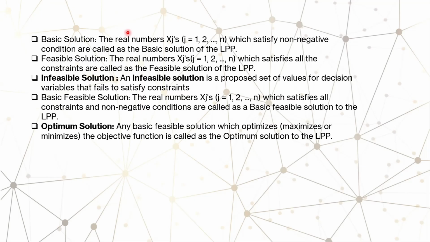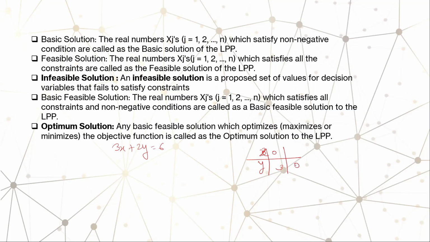Suppose you have the equation 3x plus 2y equals 6. This equation has multiple values of x and y. Suppose here is your x, here is your y. If your x equals 0, then your y equals 3.